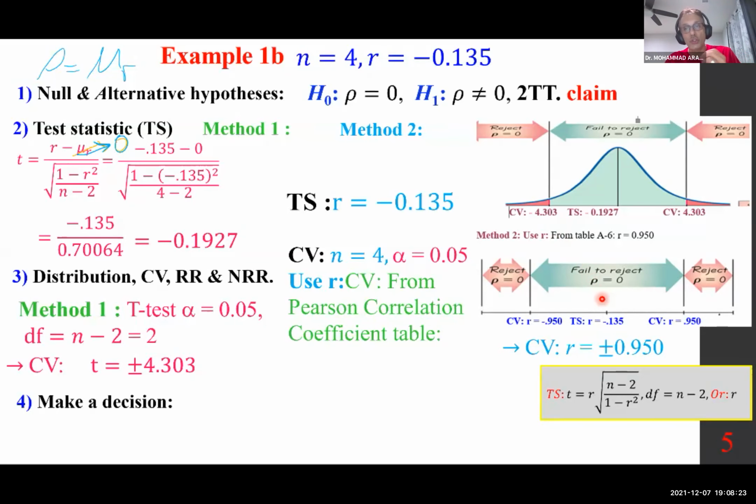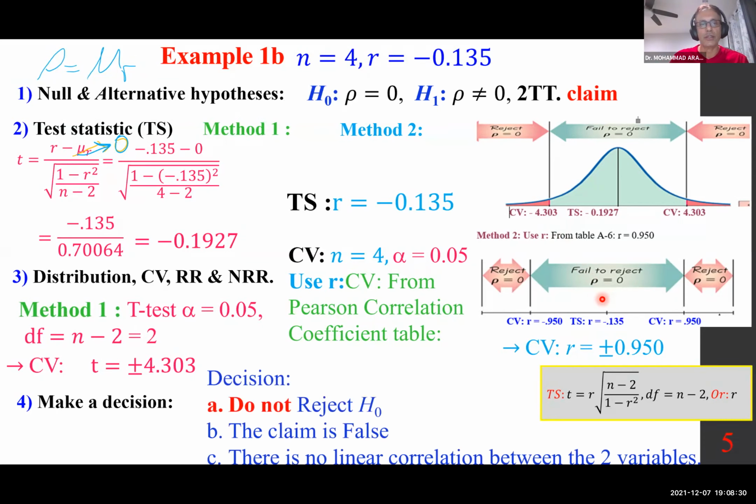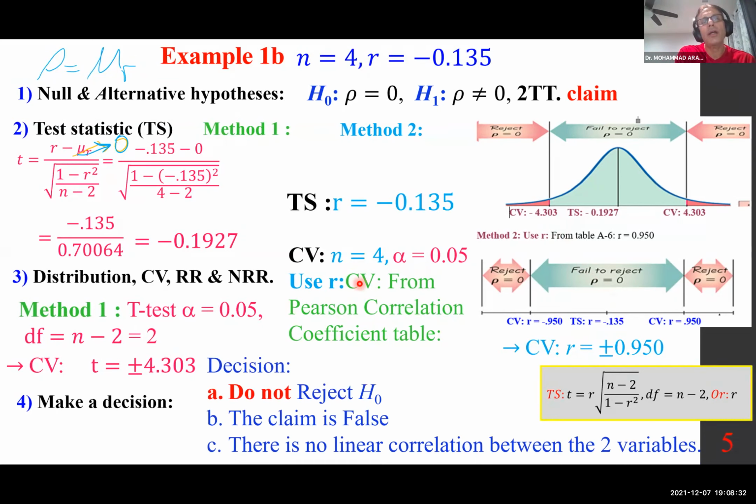They both should, must, and they do give us the same result. Fail to reject H0. So if you're not rejecting H0, what are you rejecting? H1. So you're rejecting the correlation. That's the idea. The claim becomes false. There is no linear correlation between the two variables.